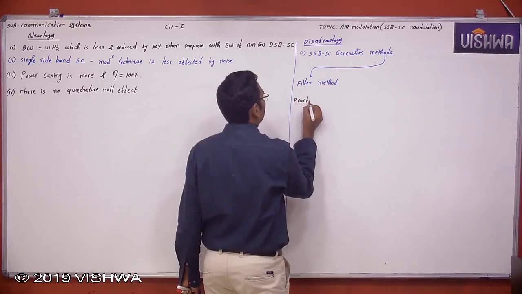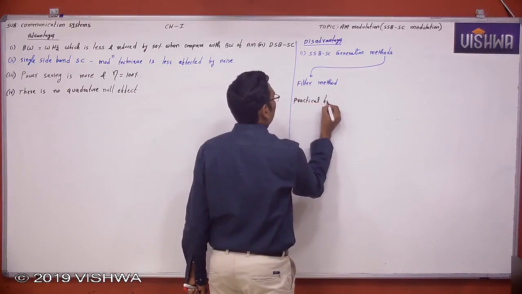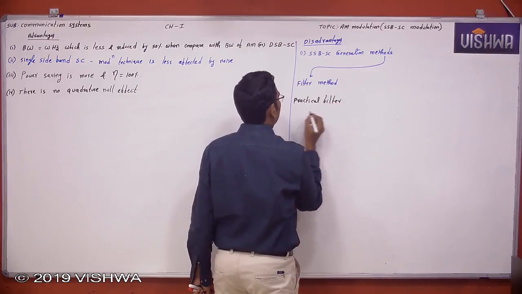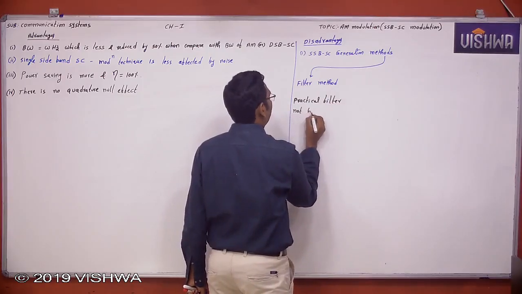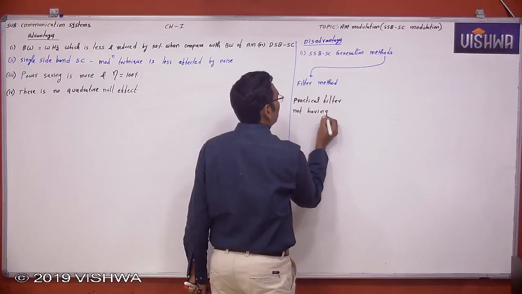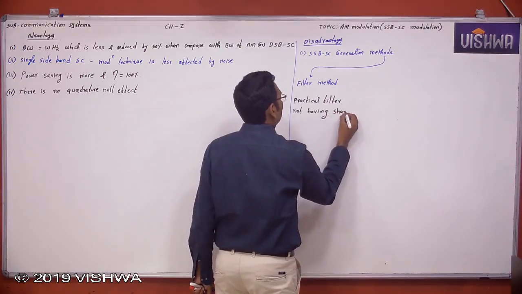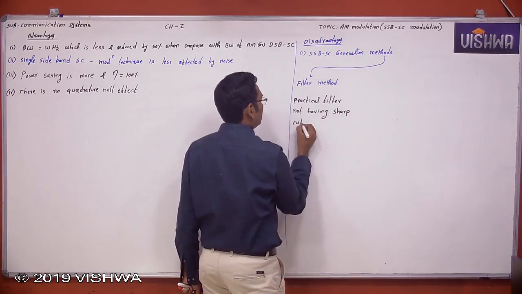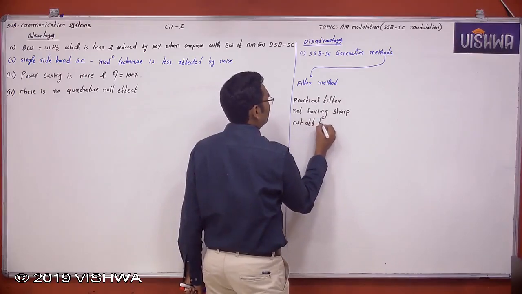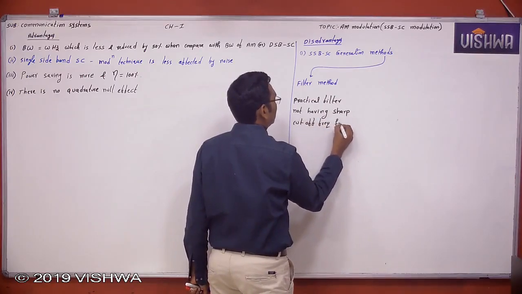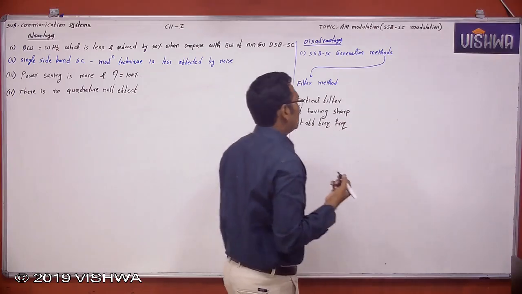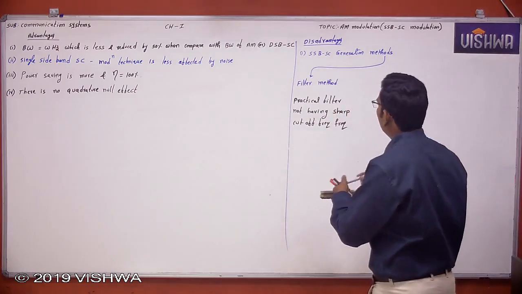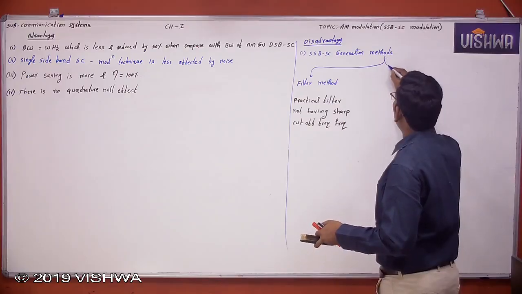Practical filters do not have sharp cutoff frequencies. Ideal filters are not available practically. This is the filter method problem.